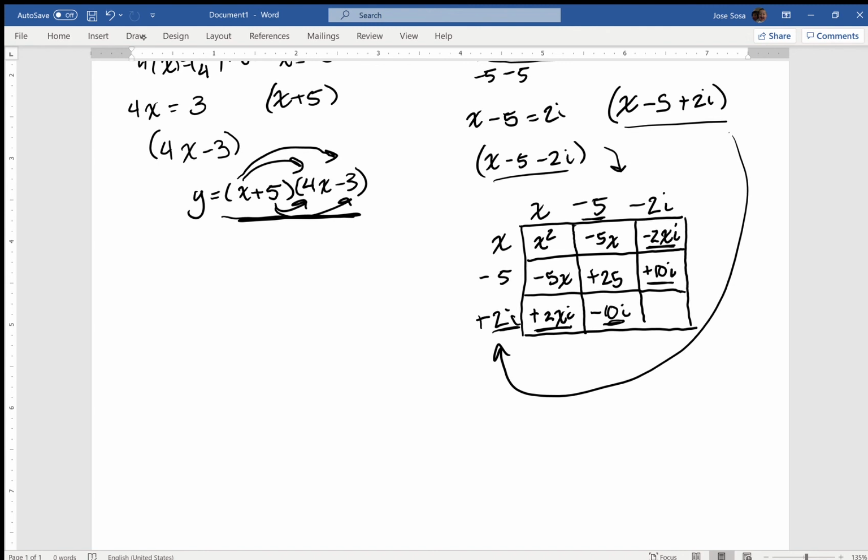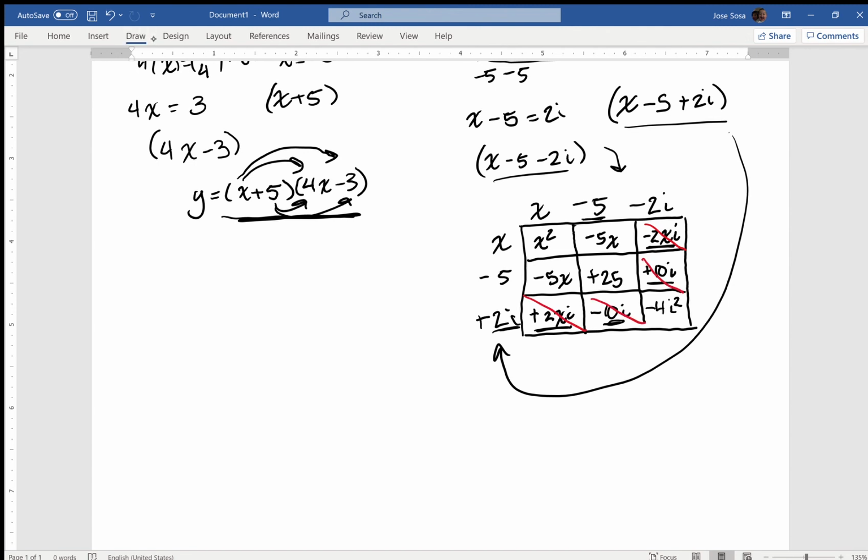And of course, negative 2i times positive 2i becomes negative 4i squared. Again, I'm going to cancel these guys out and these two dudes.